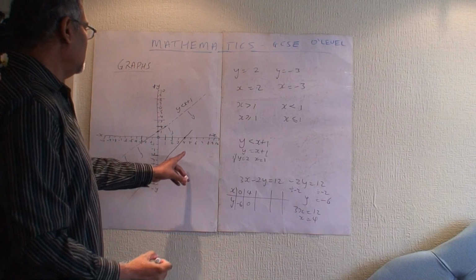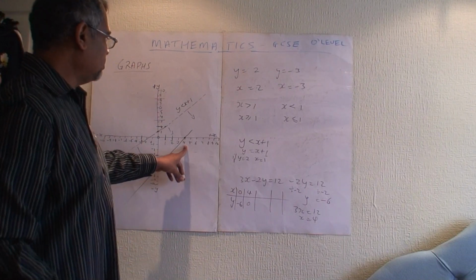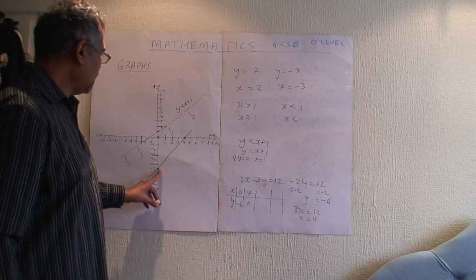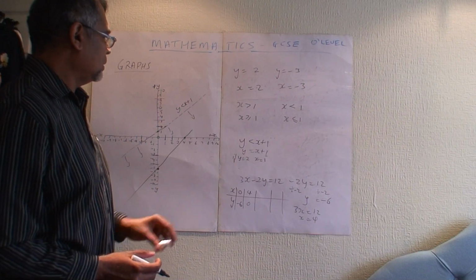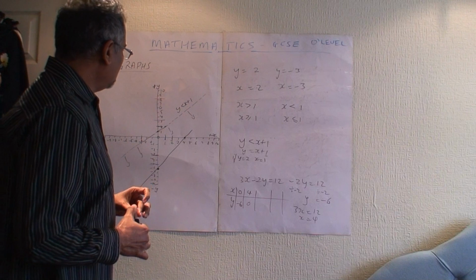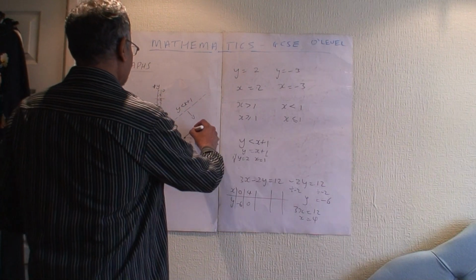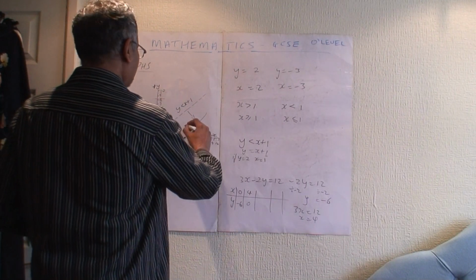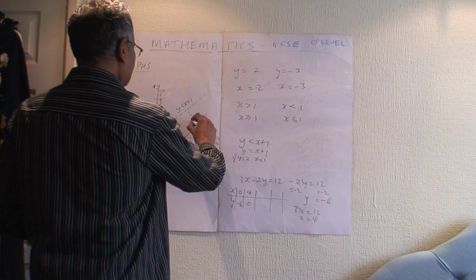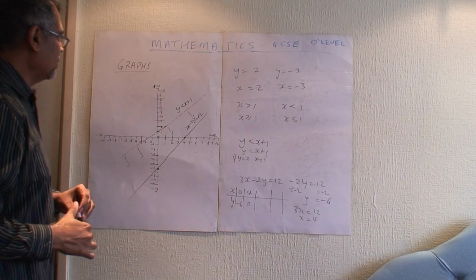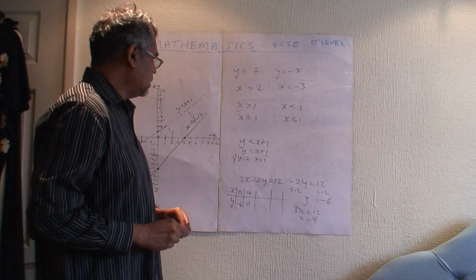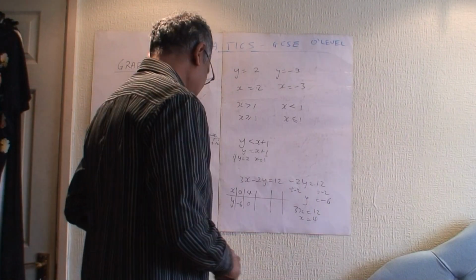It cuts the x-axis at positive 4 and the y-axis at minus 6. So that is the equation of this line, 3x minus 2y is equal to 12, and that is how we plot that one.